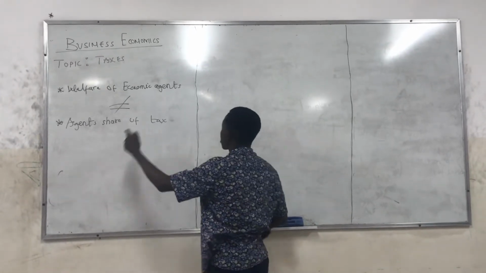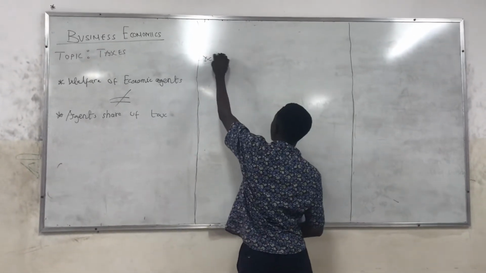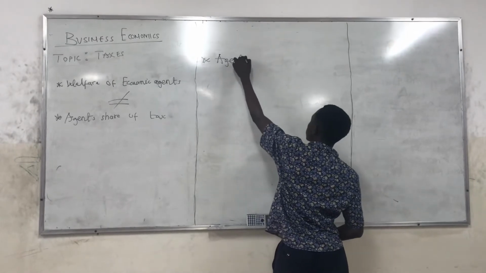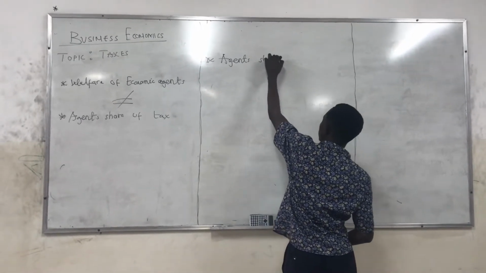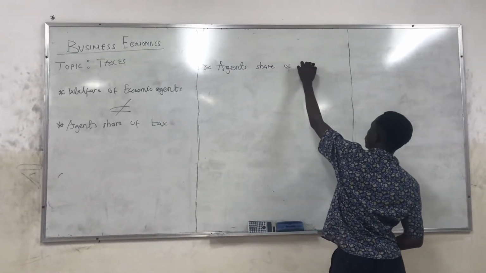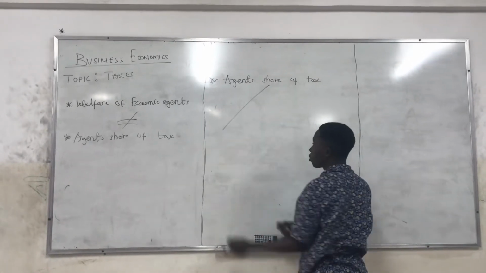How to go about it? So we have the agents' share of tax.